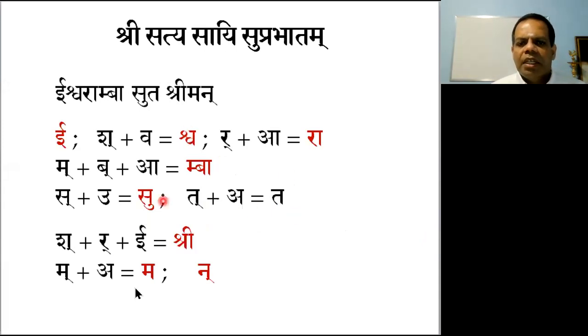The next word is Shriman. The first letter is Shri. We have already looked at it. Sh plus r plus i, which is the longer one, gives you Shri. The next letter is Ma. M plus A gives you Ma.